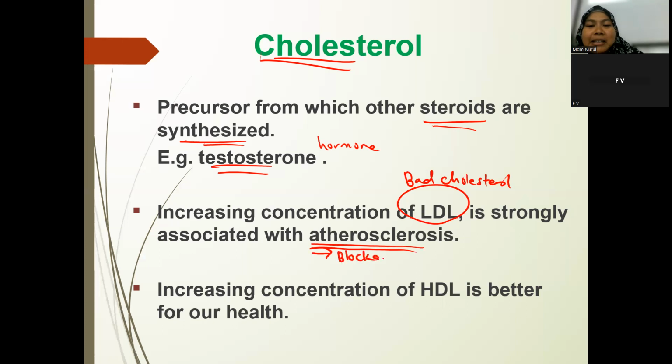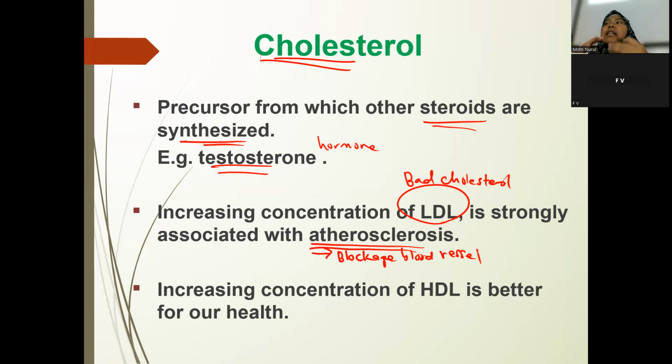Blockage of blood vessel. Okay. Saluran darah tersumbat. Blockage of blood vessel due to kolesterol.